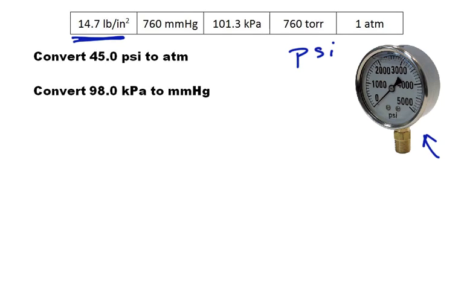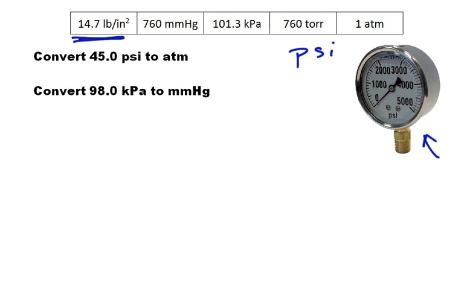A lot of times your tires are in PSI. So a tire gauge, if you're checking the air pressure in your bicycle or your car, the number you're talking about is PSI. On my car, it's about 35 PSI for the tires. On a bicycle, so smaller tires, they're really supposed to be somewhere around 100 PSI.